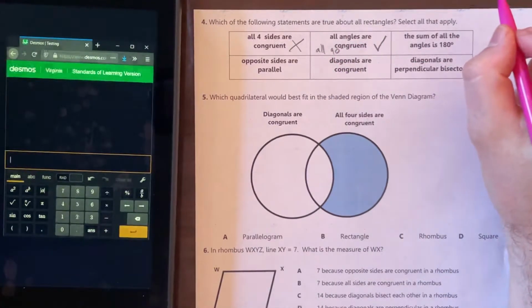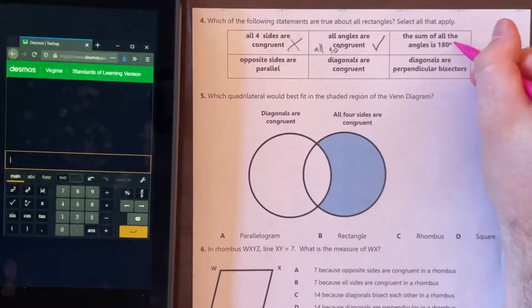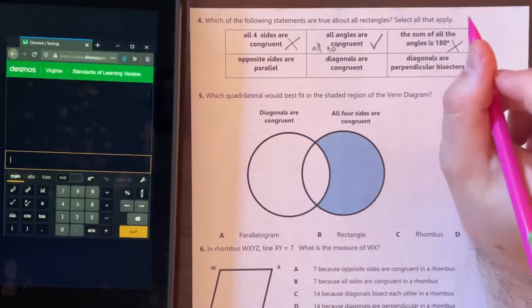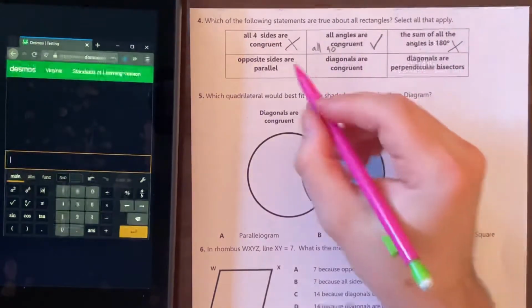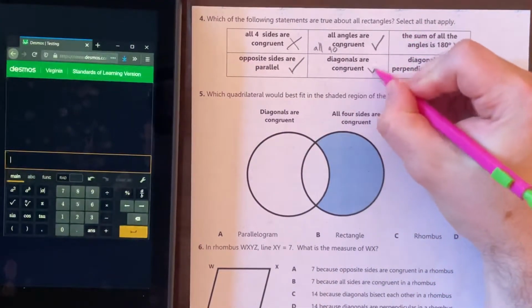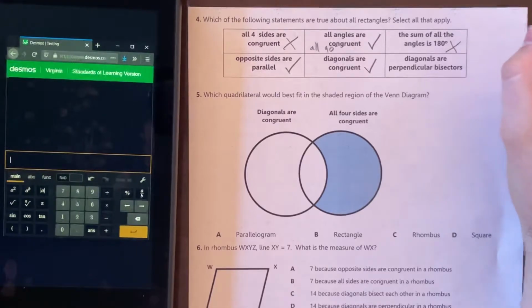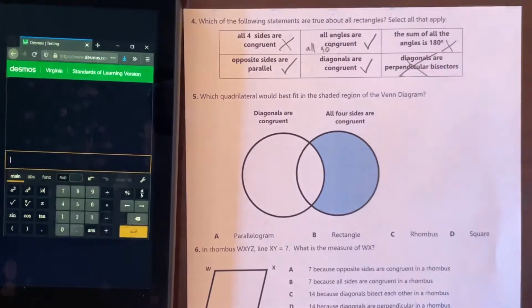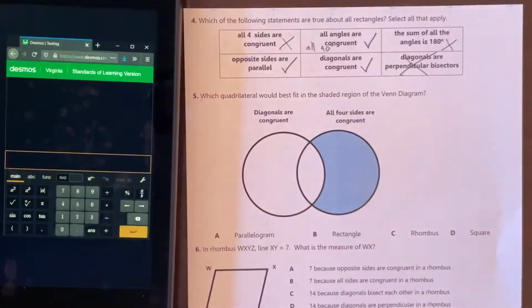What about the sum of the angles is 180? False. We know that is 360. What about the opposite sides are parallel? You better believe it. Are the diagonals congruent? Yes, they are. And are they perpendicular bisectors? Not necessarily.